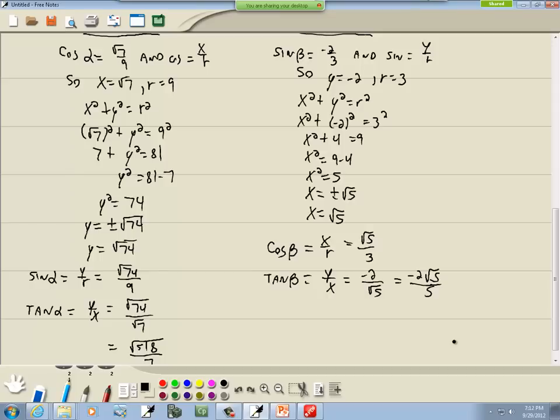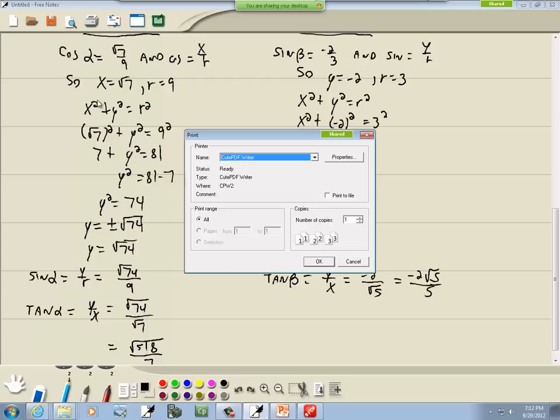Sine beta is negative 2/3, and cosine beta is equal to square root of 5 over 3, and tangent beta is negative 2 square root of 5 over 5. Okay. Now let me save this, and we'll continue this problem.